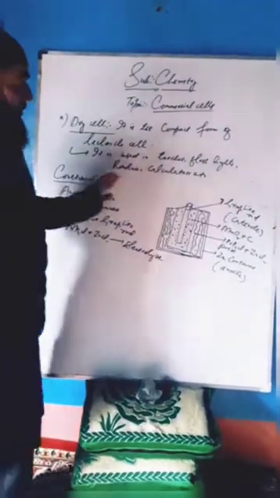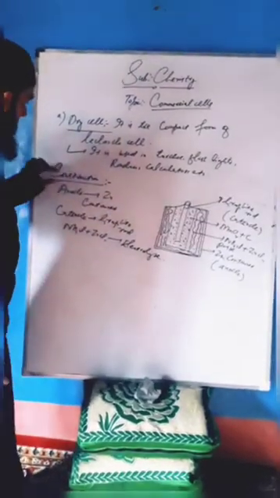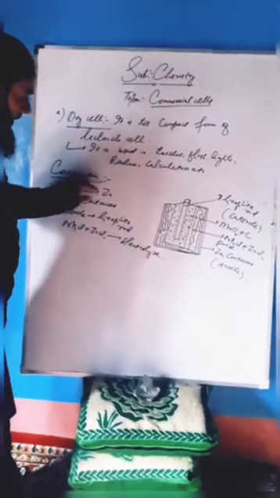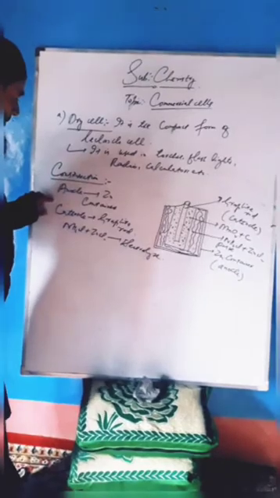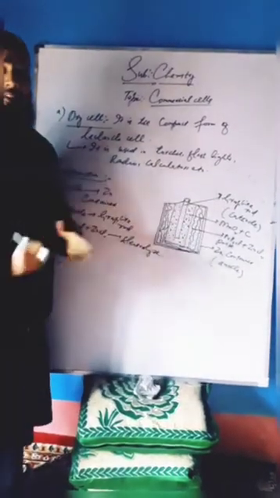So in the dry cell, the anode is the zinc container and the cathode is the graphite rod.